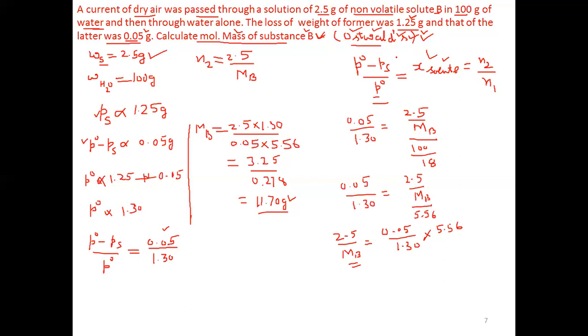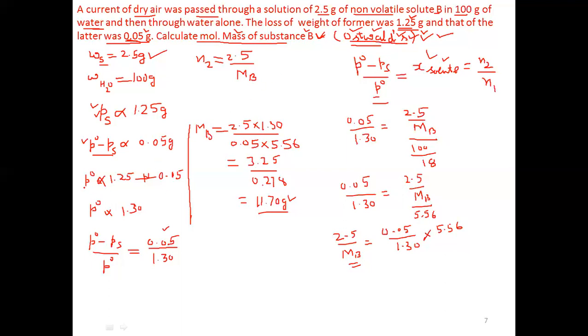Now this method states that loss of water from solution bulbs is proportional to the vapor pressure of solution, and loss of water from solvent bulbs is proportional to the lowering of vapor pressure. How this comes, you can easily learn from the working of this method.